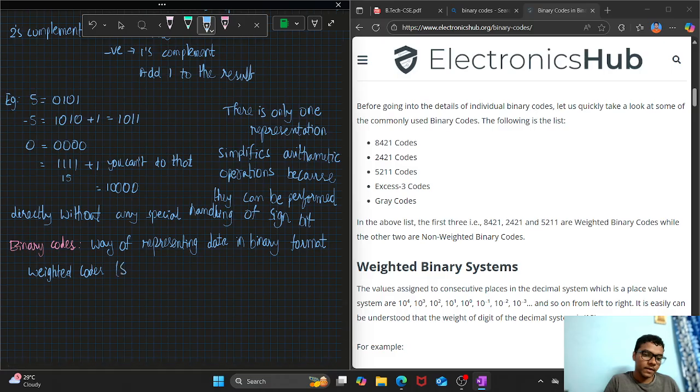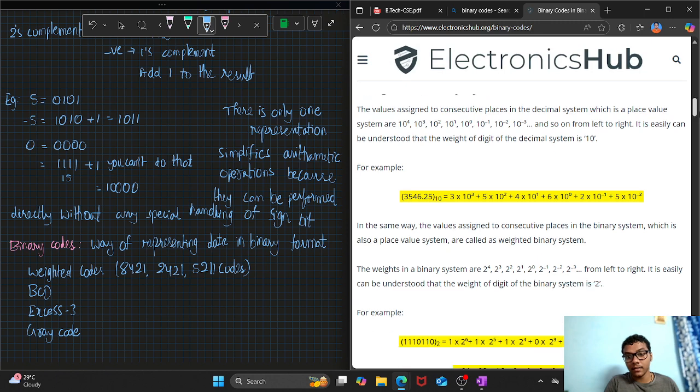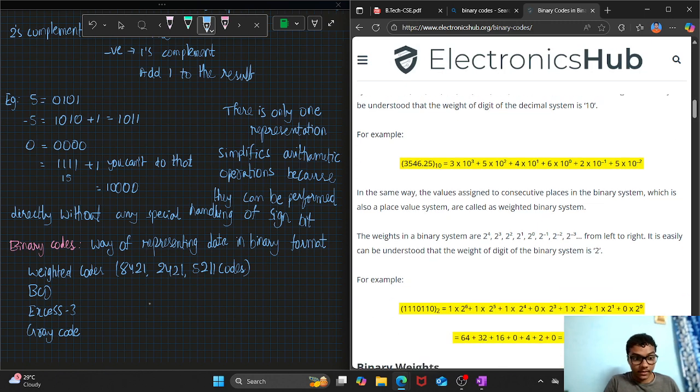The common 8421 code, 2421 code, 5211 code, and we got BCD code, binary coded decimal, and we got XS3 code, and then we got gray code, and also we got error detecting and error correcting codes. We will look at them later, but now let's look at this.